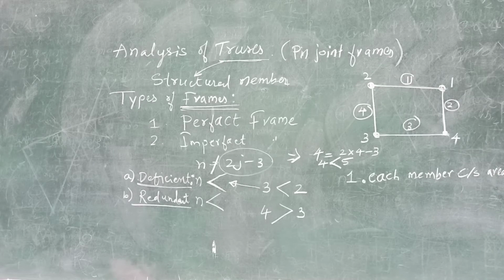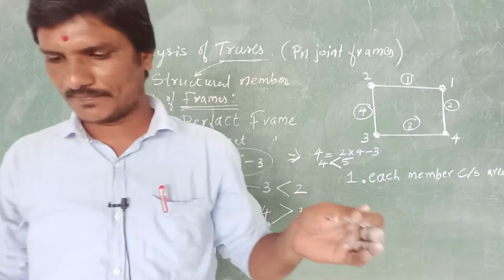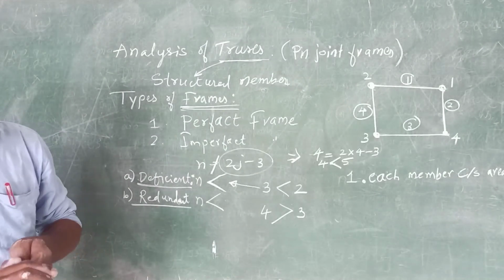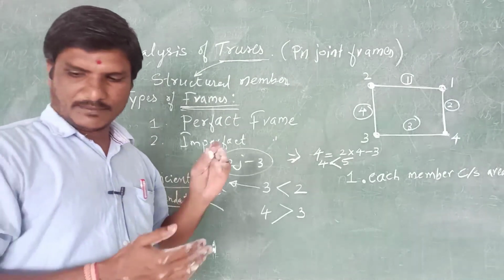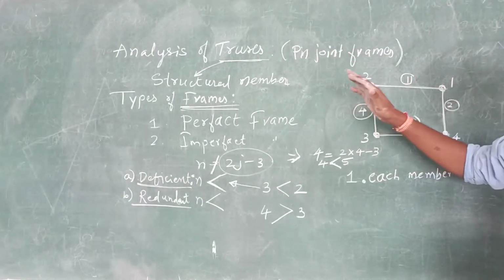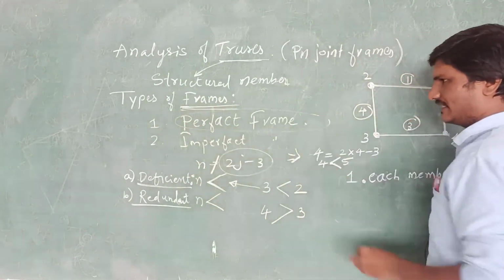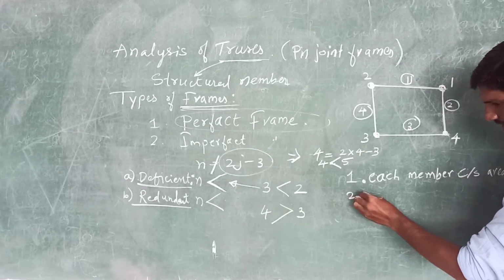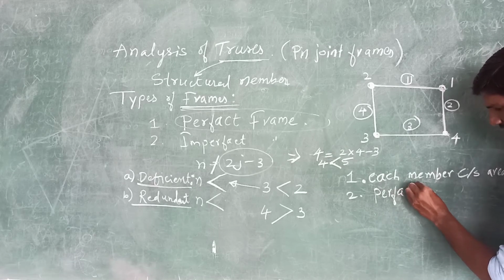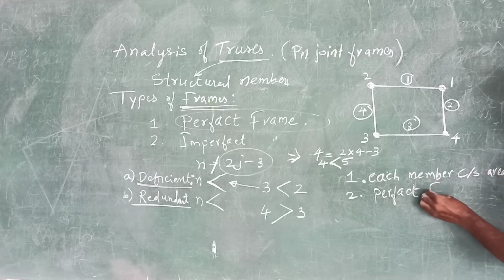It will be uniform, meaning the cross section of the perfect frame should be uniform. And the frame is a perfect one. We are assuming the given frame is a perfect frame. It means it should be in the equilibrium condition.